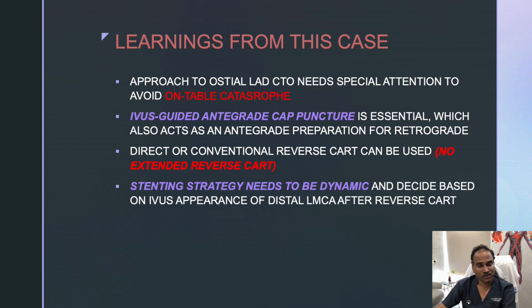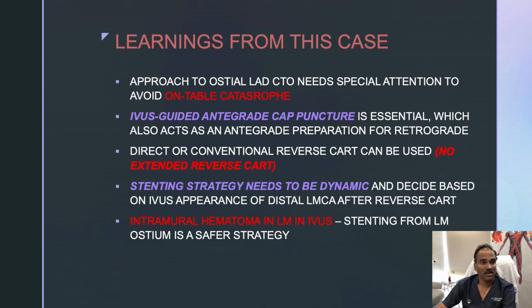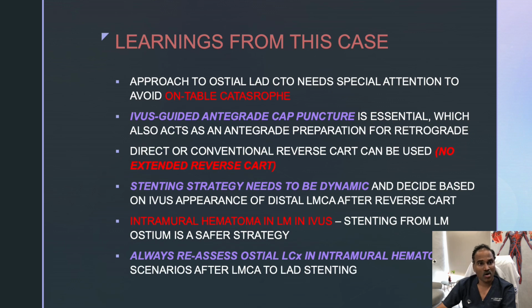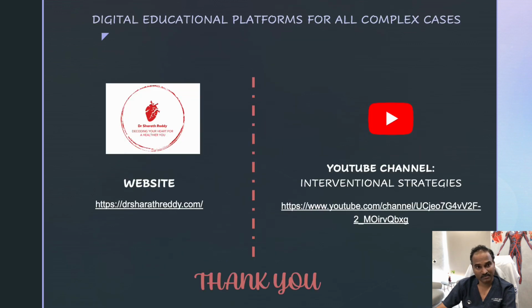The stenting strategy needs to be dynamic and decided based on the IVUS appearance of the distal LMCA after reverse CART, after externalization. With intramural hematoma in the left main on IVUS, stenting from the left main ostium is a safer strategy. Always reassess ostial LCX in intramural hematoma scenarios after LMCA to LAD stenting.